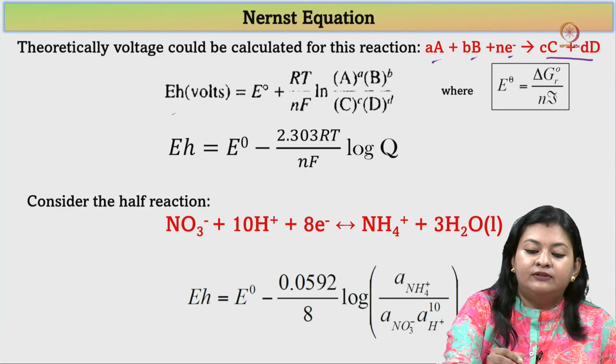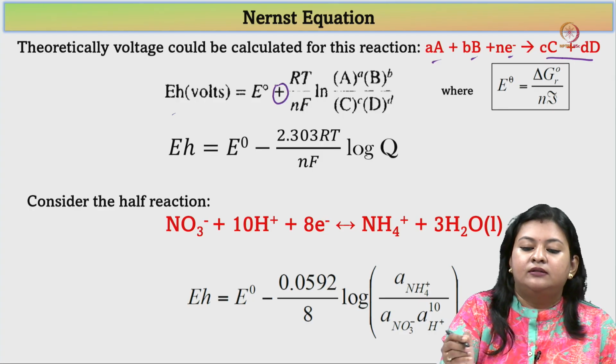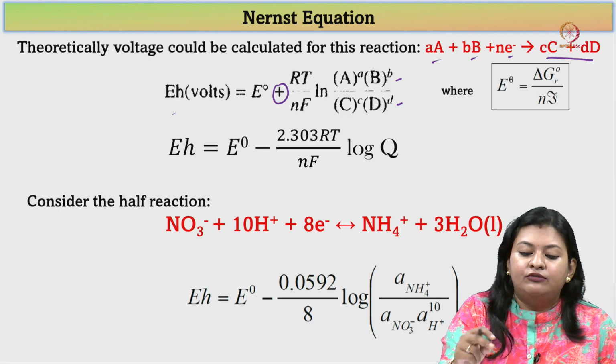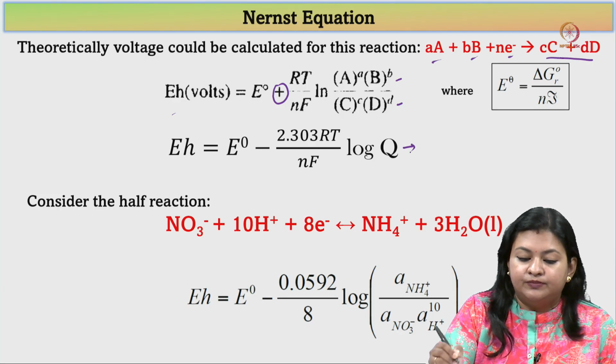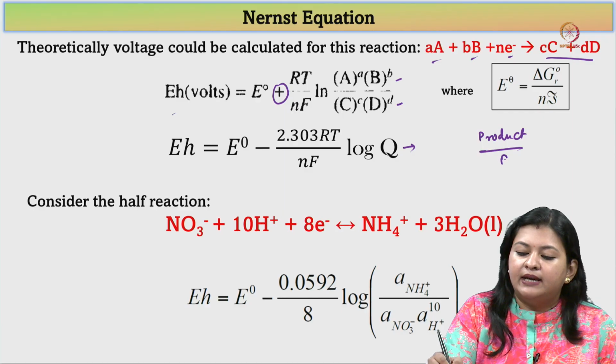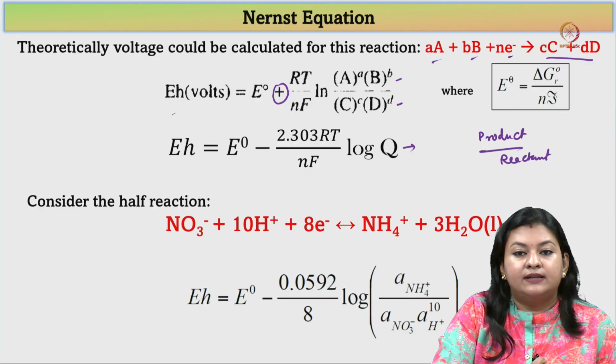Here if this is positive, then you have this kind of denotation. If you switch it to the other side, that is Q, where product divided by reactant, then it becomes the negative sign.